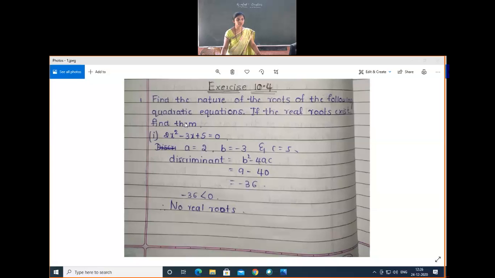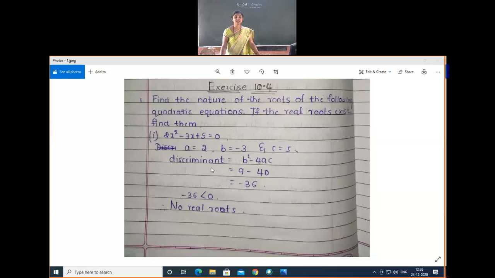The question is 2x square minus 3x plus 5 equal to 0, where a value is 2, b value is minus 3, c value is 5. First you have to write down these things. Then you have to find out the nature of the roots, which depends upon the discriminant.